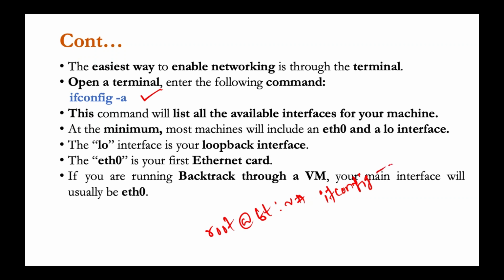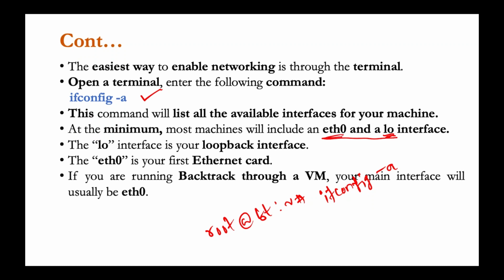Give space and -a. So what happens? This command will list all the available interfaces for your machine. At the minimum, most machines will include an eth and a lo interface. So what is this eth and the lo interface?